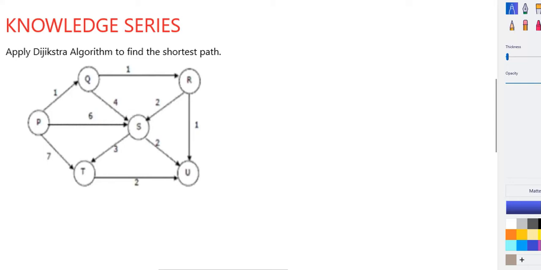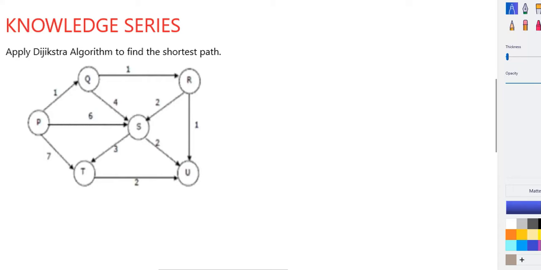But in the rest of the nodes, in certain vertices at least one or two arrows are coming inside, and in certain cases they are emerging out also.